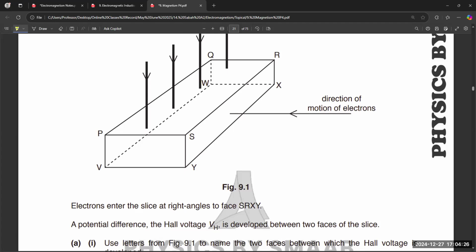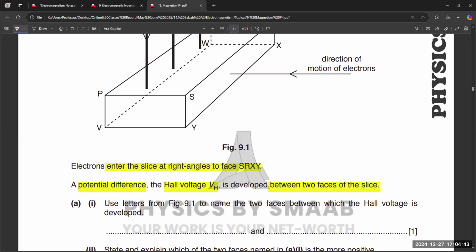This time we have right to left. Electrons enter the slice at right angle to the face SRXY. A potential difference, the Hall voltage VH, is developed between two faces of the slice. Use letters from figure 9.1 to name the two faces between which the Hall voltage is developed.